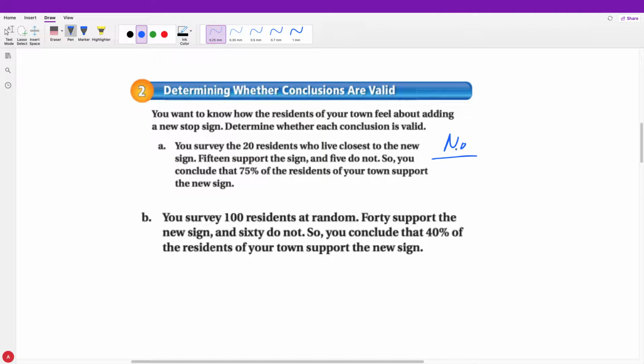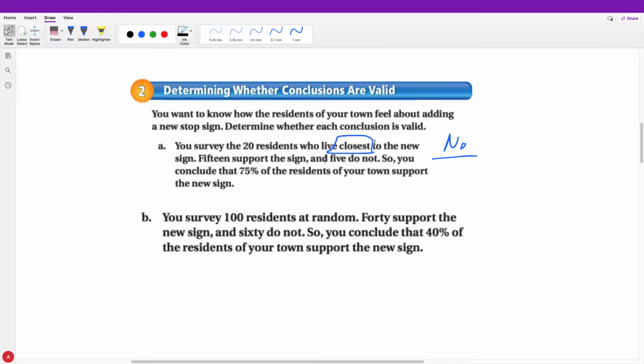And the reason why it's not valid is because you're only surveying people who live closest to the sign. So of course, these people are going to have a different opinion from everyone in the town because that's affecting them more than it will someone who lives miles away from it. So they're going to have more of an opinion on it, first off, and their opinion might be that they want that sign, as it clearly shows, because it is directly affecting them, because it's really close to them.